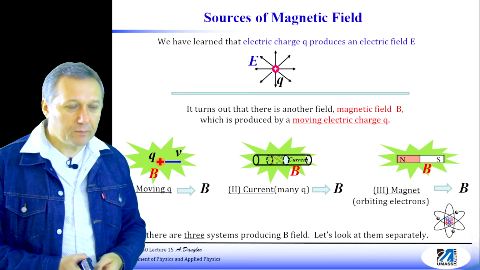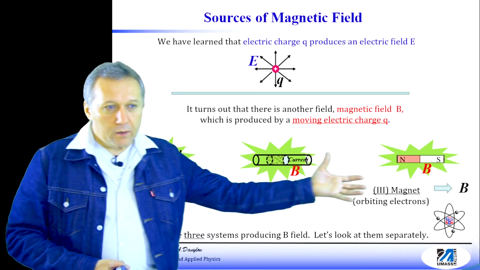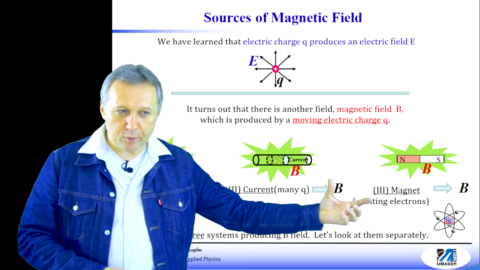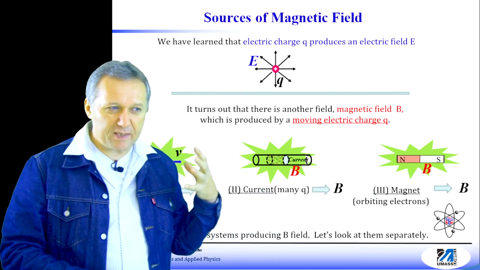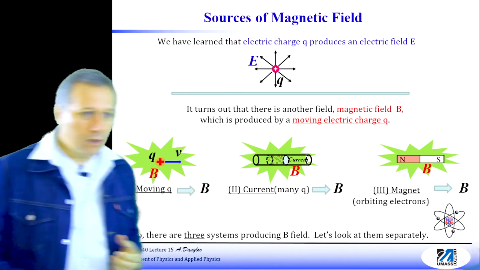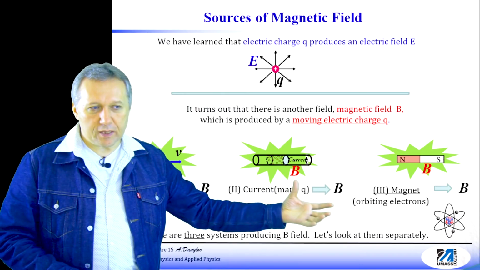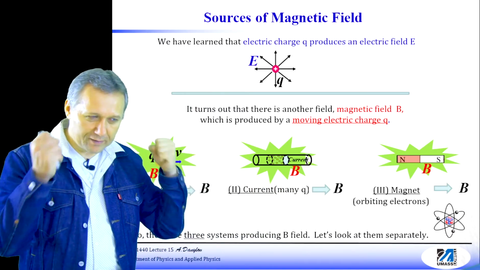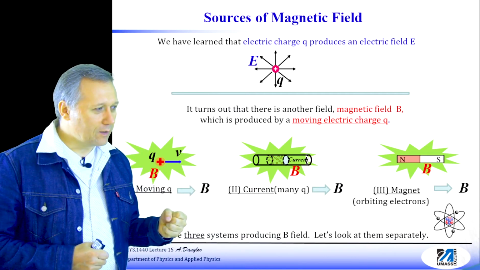producing a magnetic field. But you know what? We're going to use the magnetic field produced by a permanent magnet to introduce some basic ideas at the very beginning. Then we're going to use most of the time the magnetic field produced by currents. That will be our workhorse.